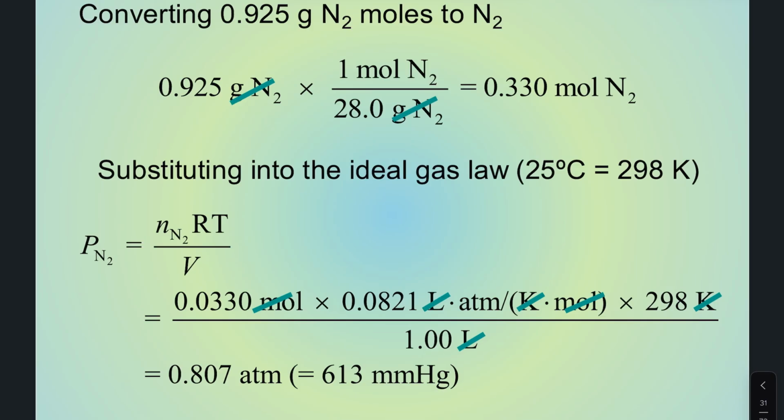So the first thing that we did was we converted to moles of N2. And then we did the substituting of the gas law with a partial pressure. We rearranged the gas law to get a partial pressure. And then we solved to find out what the partial pressure of just nitrogen was.